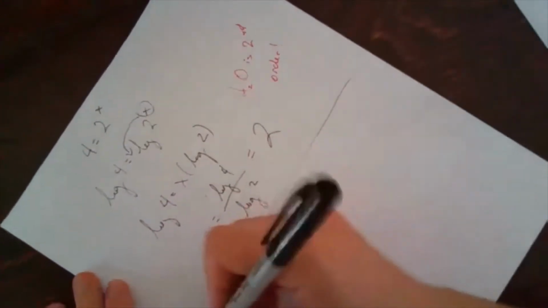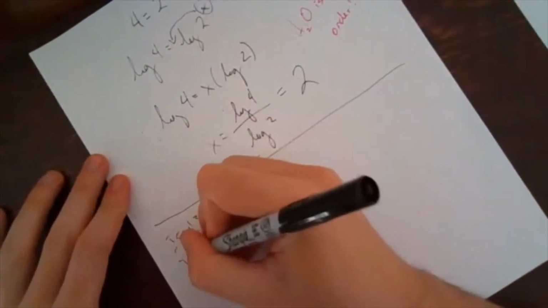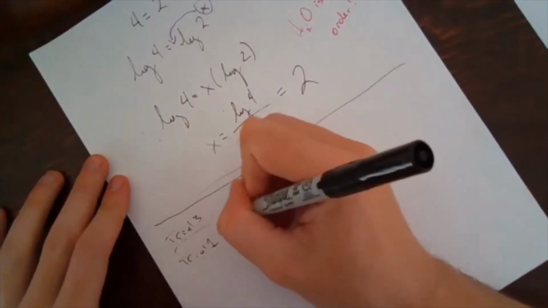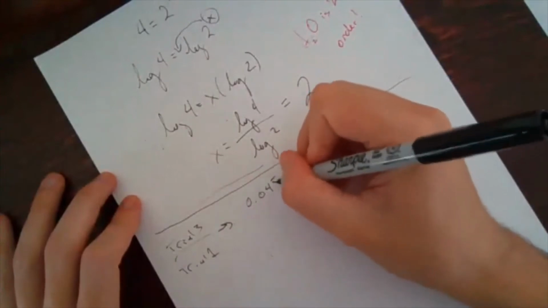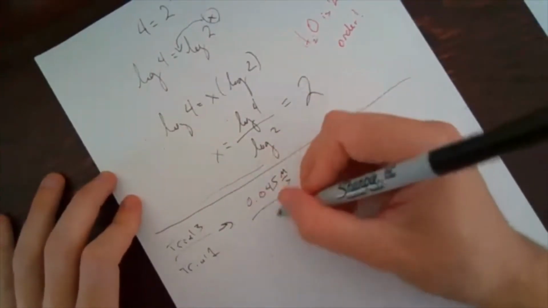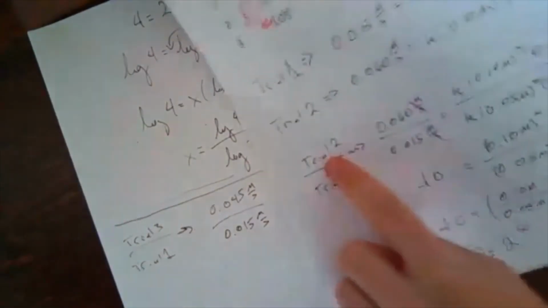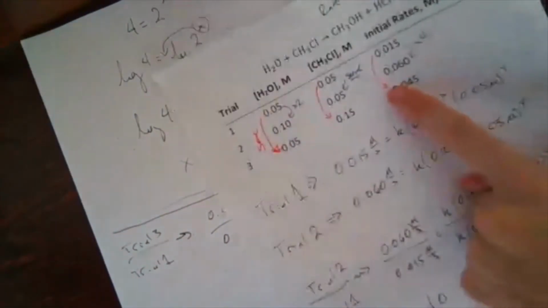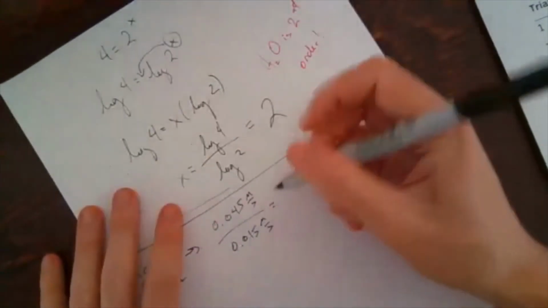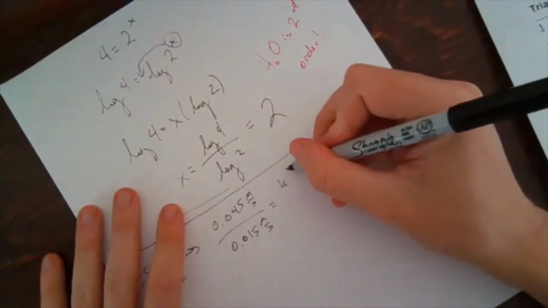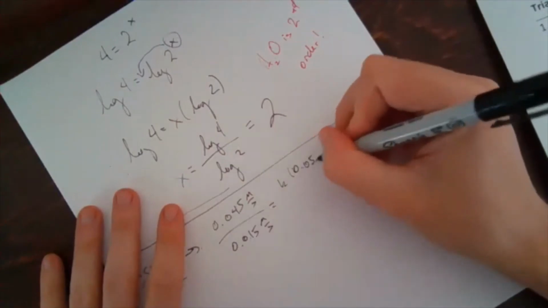We're going to do trial 3 divided by trial 1. So I'm going to take my rates, doing the same idea I did with trial 2 divided by trial 1. I'm just doing trial 3 now. We're at 0.05, 0.015. Again, I get the K times 0.05 molar.